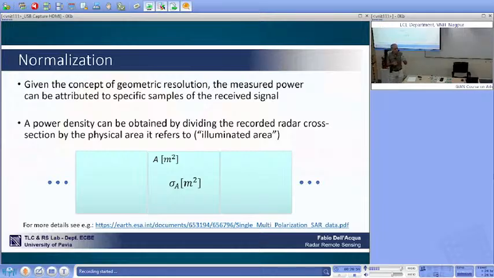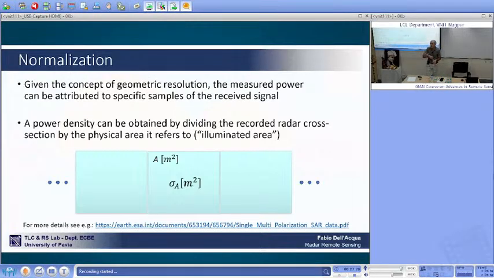So when it moved to Earth observation, the concept had to be redesigned to adapt it to a surface. So they came up with this concept of density of radar cross-section: taking the response of the hypothetical object and distributing it over a surface.